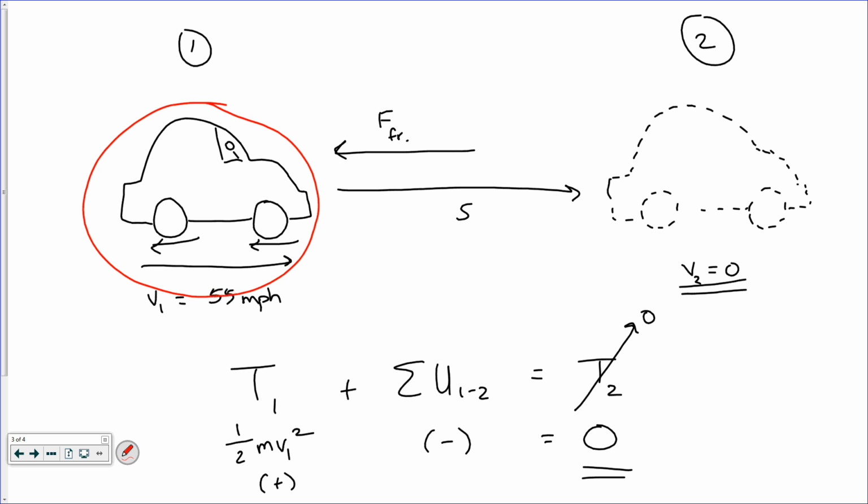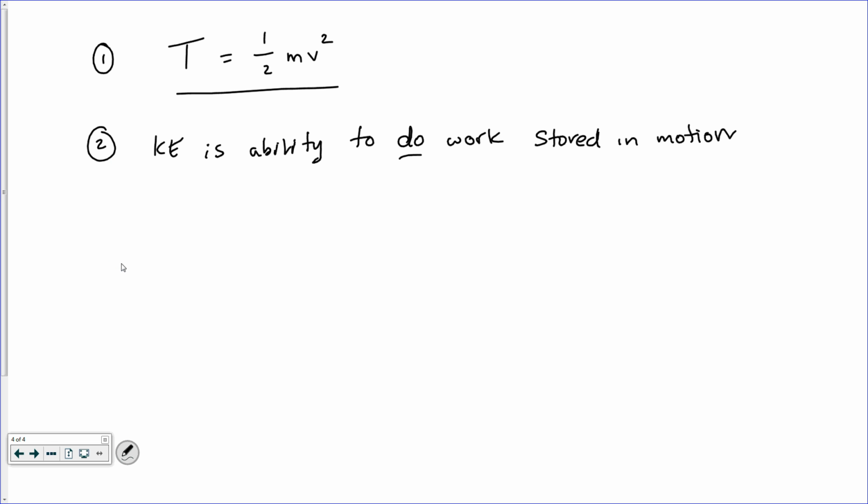It could do a lot of work. If you were to drive this car into a picket fence, for instance, it would blast through that picket fence. It would do work on that picket fence, okay? It can do work for you. It could apply a force over a distance for you. So the kinetic energy is the ability of that object to do work stored in its motion.